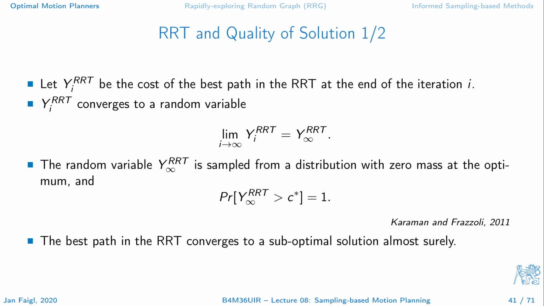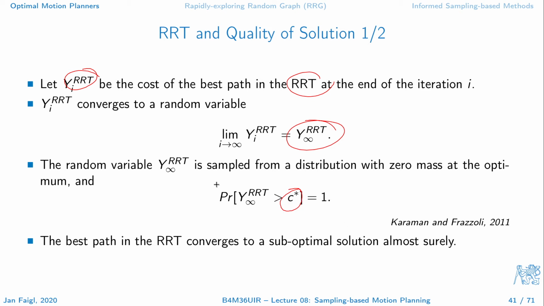So what is the quality of solution for the RRT? We have the algorithm RRT. This is the cost of the best path, and we are asking what is the cost for some particular iteration. This is a random variable, and it converges to some value, and we can now ask what is the probability that this value is above the optimal cost.